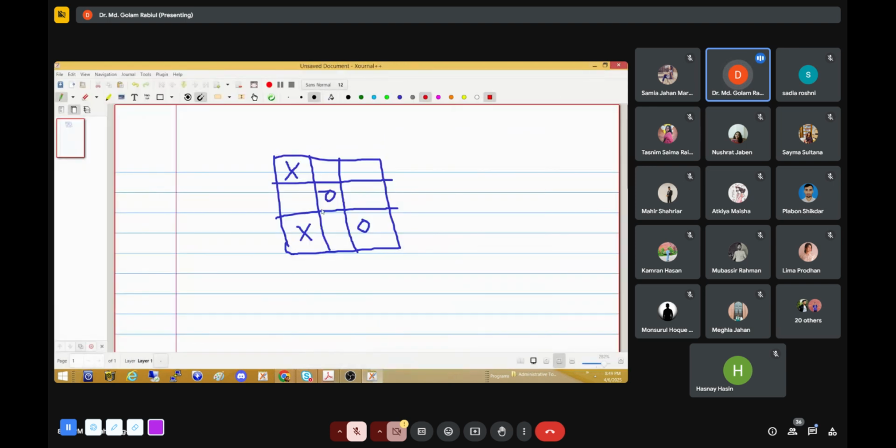It means I can place, there is X here, and this is one position where I can win. And in this column, no, there is no way for me to win.